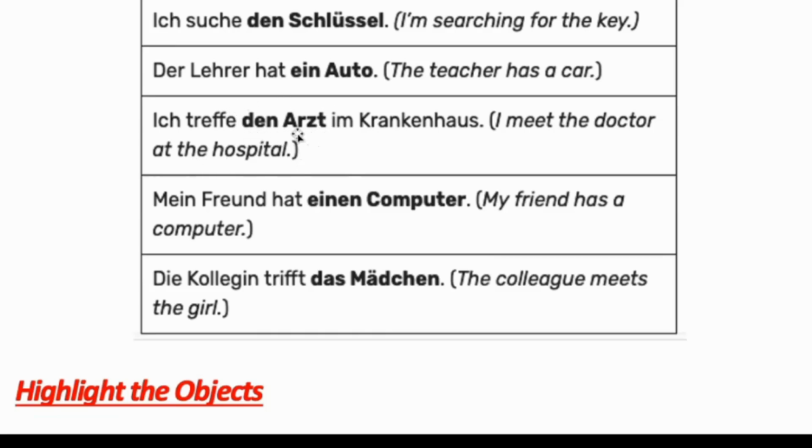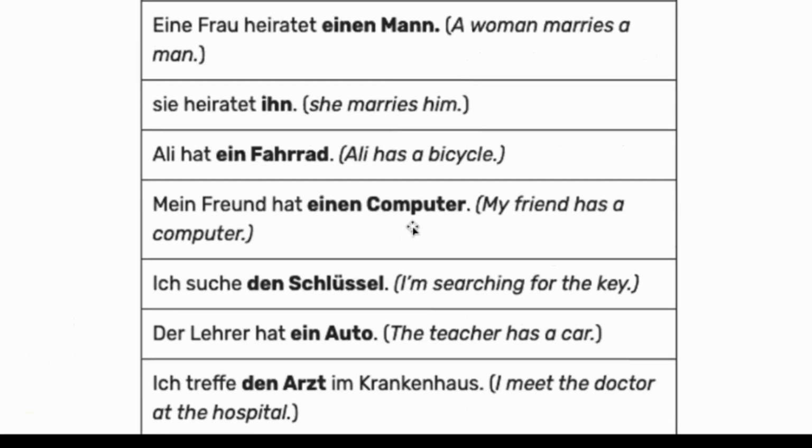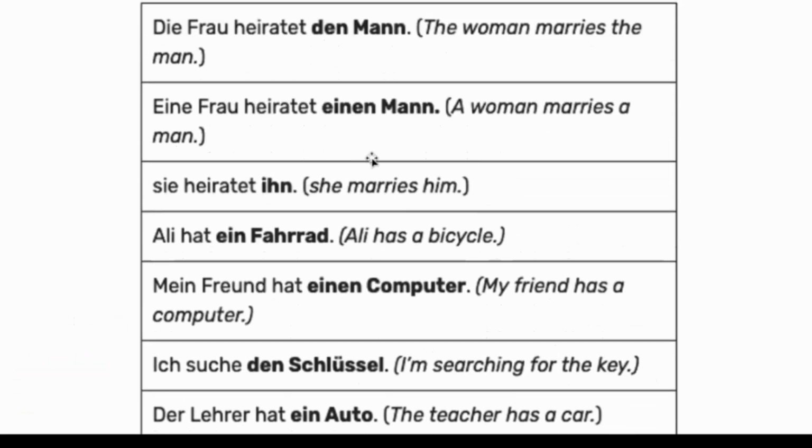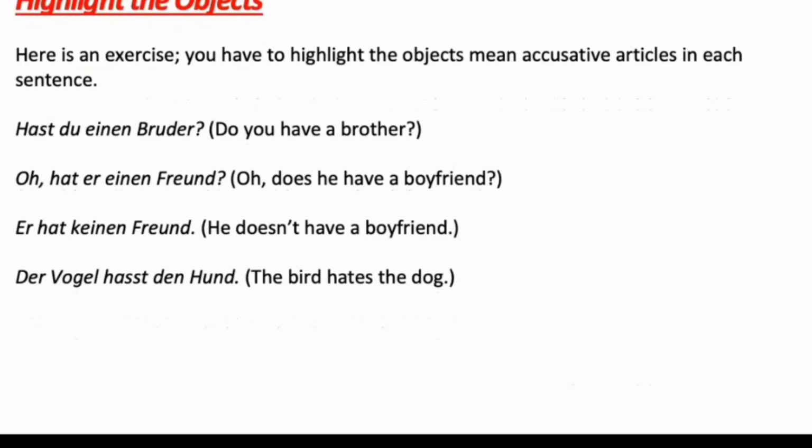I'm meeting the doctor at the hospital. So Arzt is basically the object here, and that is a masculine noun. Mein Freund hat einen Computer. My friend has a computer. Die Kollegin trifft das Mädchen. The colleague meets the girl. So these are examples. They are basically identifying objects with different articles that can be indefinite and definite.